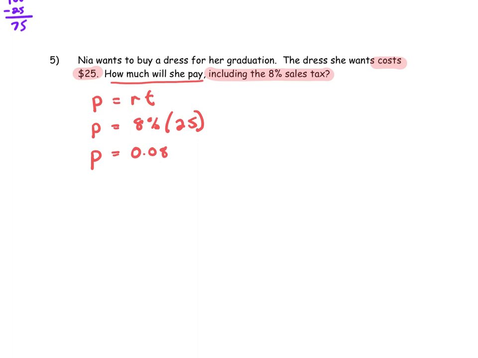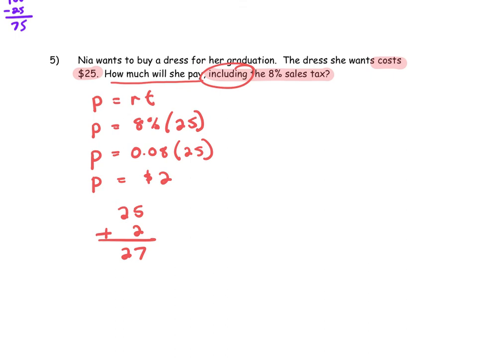In fact, if I look at that as money, that's 8 cents times every dollar it costs for the dress. So what is the sales tax? If you had $2, you're correct. So are we finished? No, we're not, because if we found the sales tax, then we have to take the amount she spent on the dress and add the tax to that, because it said including the tax. So that's one way we could do this problem.